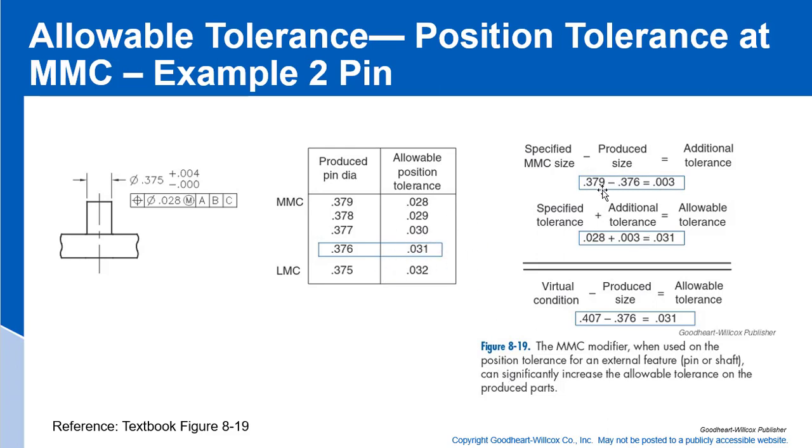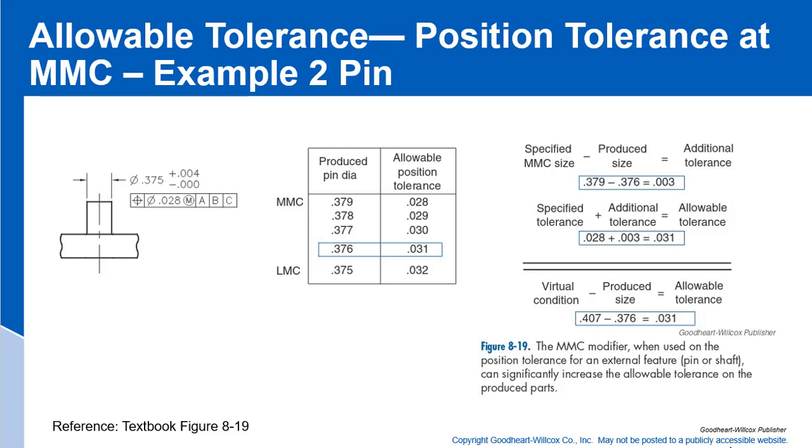So 379 minus 376, we get an additional tolerance of 3 thousandths. Our specified tolerance is 28. If we add our bonus tolerance of 3 thousandths to that, we get 31 thousandths.